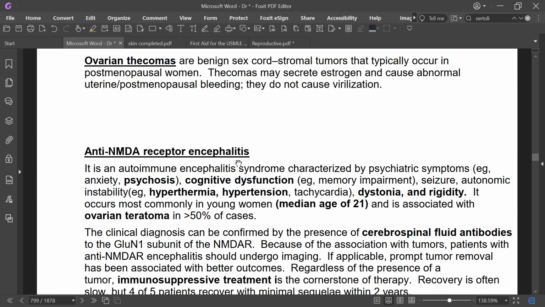Anti-NMDA receptor encephalitis is an autoimmune encephalitis syndrome characterized by psychiatric symptoms, anxiety, psychosis, cognitive dysfunction, seizures, autonomic instability, hyperthermia, hypertension, tachycardia, dystonia, and rigidity. It occurs most commonly in young women, median age 21, and is associated with ovarian teratoma.